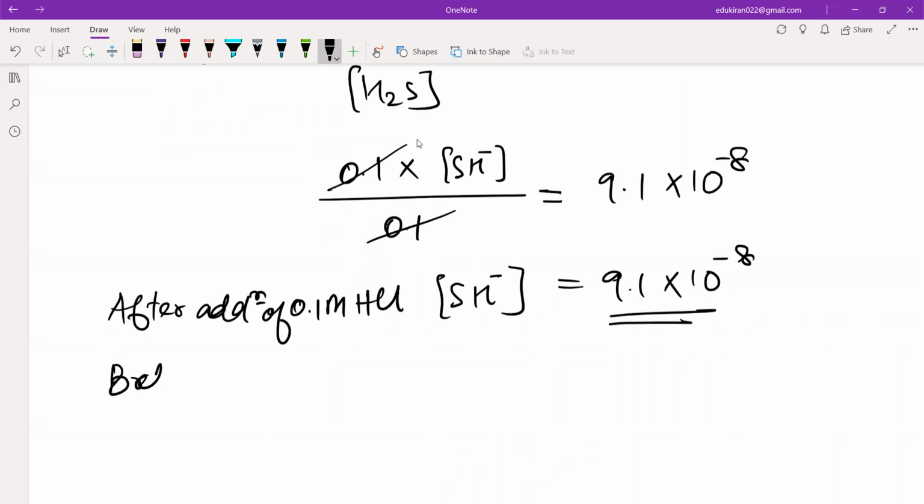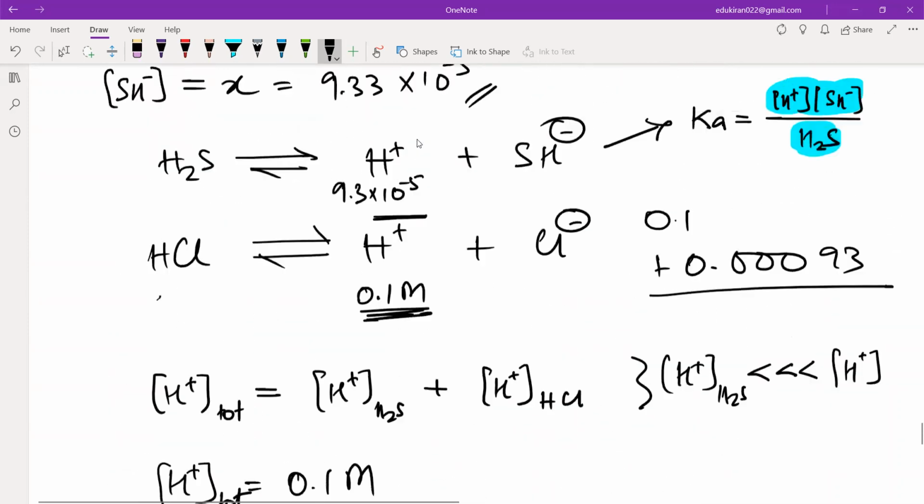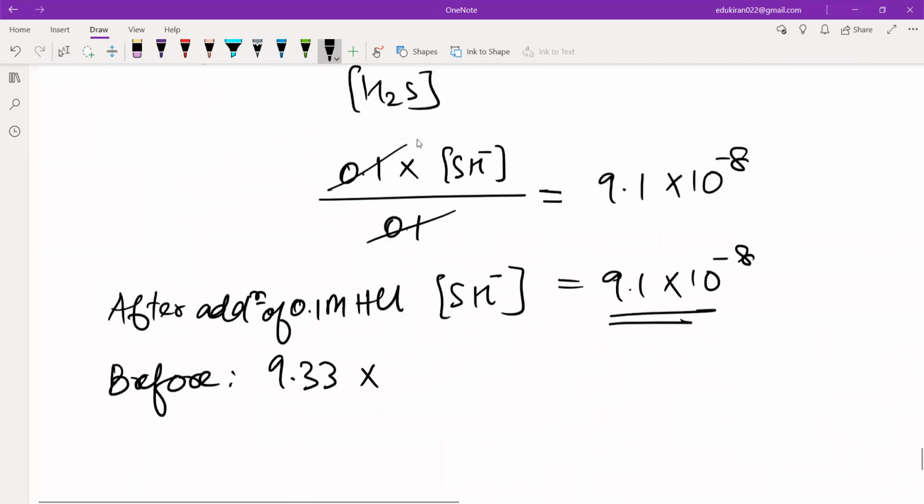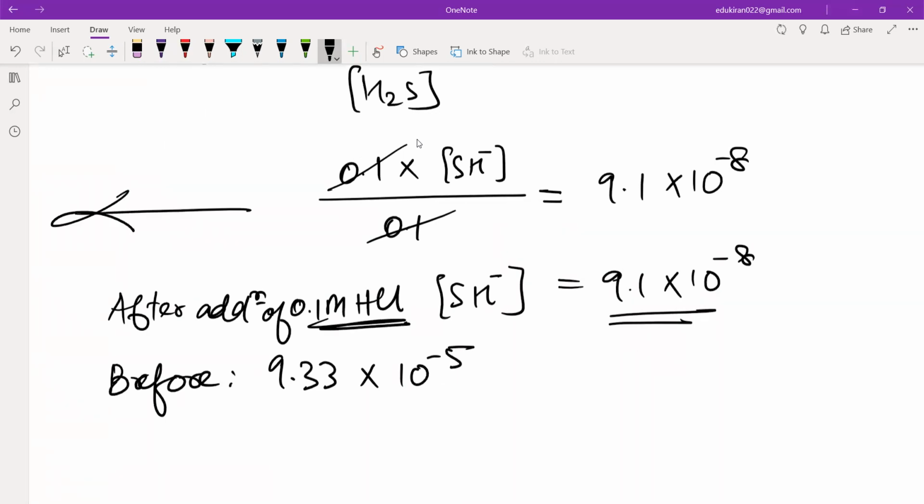And before, what did we calculate? 9.33 into 10 to the power minus 5. So you can see that when I'm adding HCl, the reaction is shifting backwards, and that is why the concentration of SH negative is decreasing, to maintain this Ka.